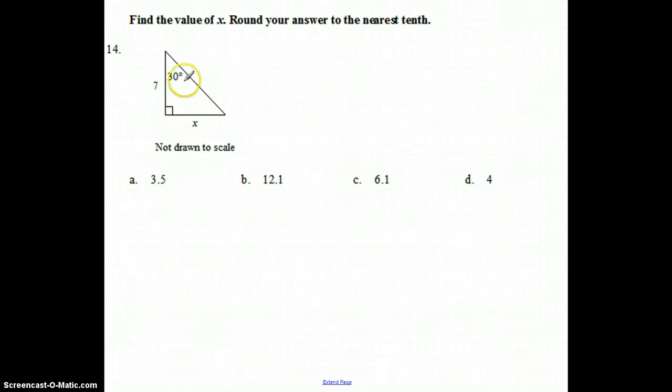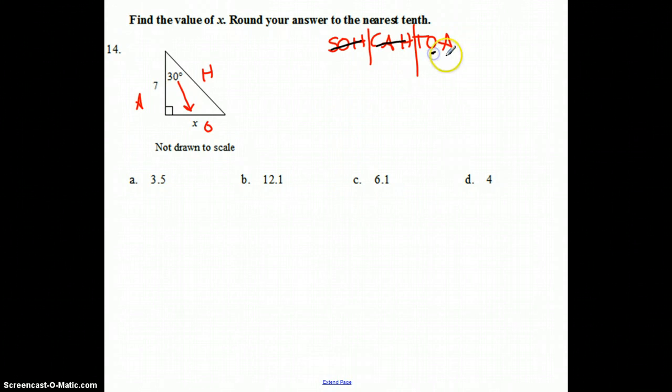Okay, now on these, we could either use 30, 60, 90, or we can go ahead and try to use sine, cosine, or tangent, or whatever it is that we can get. So on this one, opposite, adjacent, hypotenuse. So if I wanted to use SOHCAHTOA instead, I don't have a hypotenuse, so I can't use these two. But I have opposite and I have adjacent, so tangent it is.